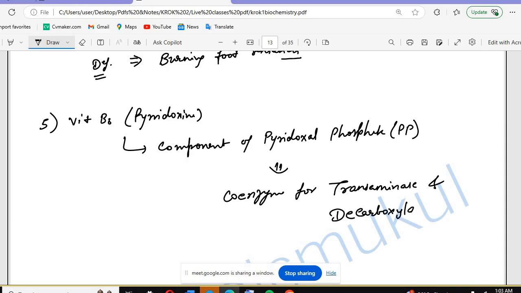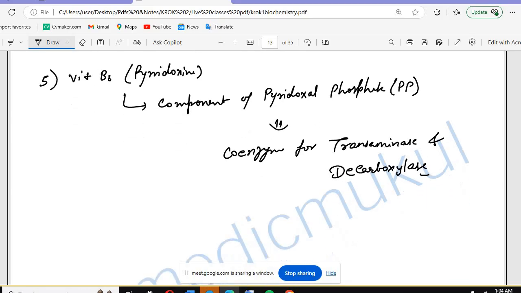What is the coenzyme for transaminase and decarboxylase? That is our vitamin B6. And vitamin B6 is required for tryptophan metabolism.